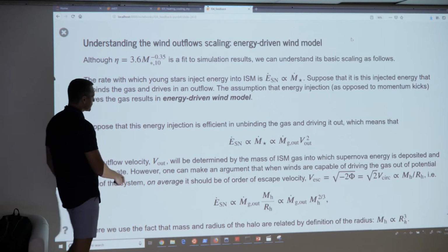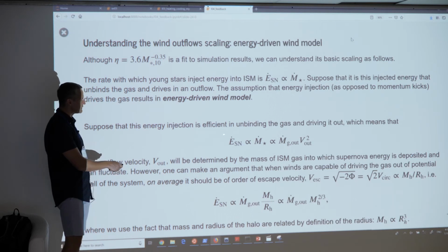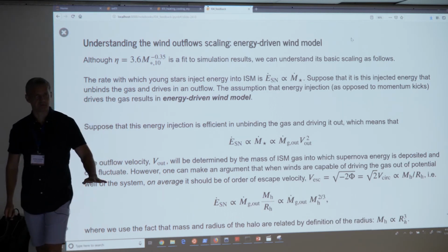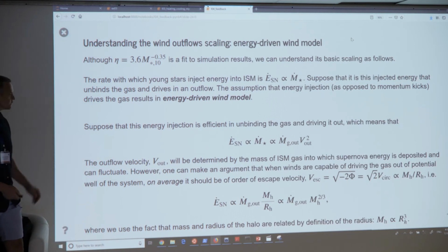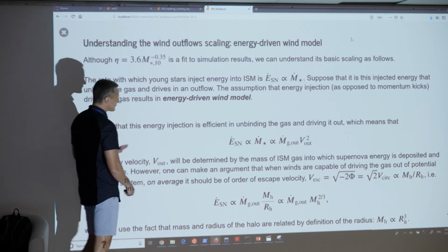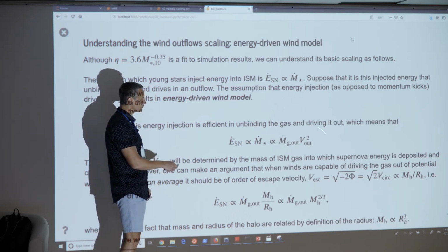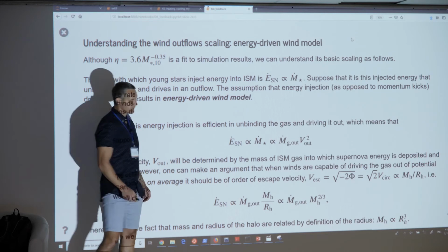Of course, in reality, we can have cooling losses, so on the way between the injection and the outflow, the energy can be decreased due to losses. So here it's assumed that even if such a decrease happens, the overall proportionality between the injection rate and the outflow kinetic energy rate is retained.